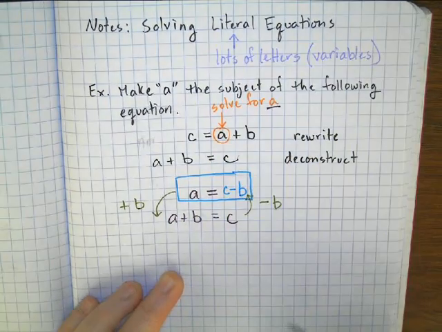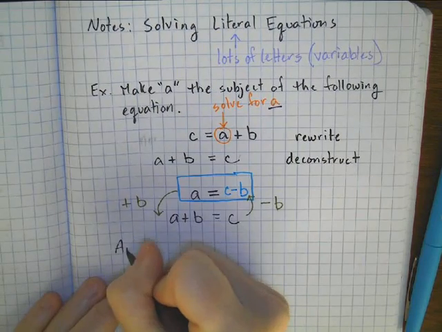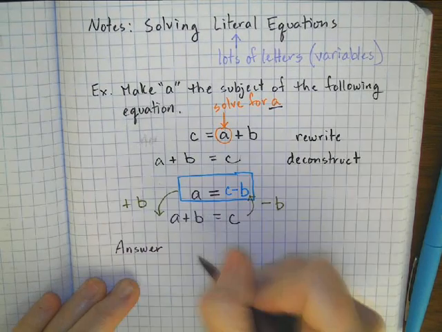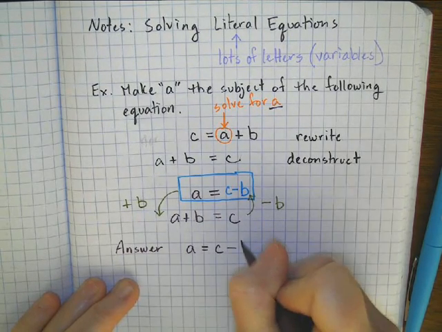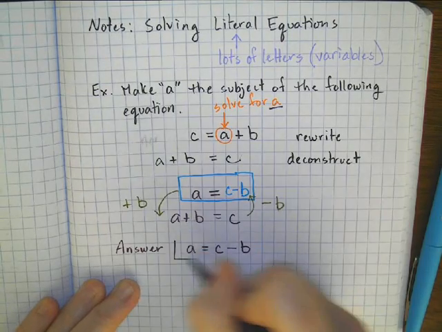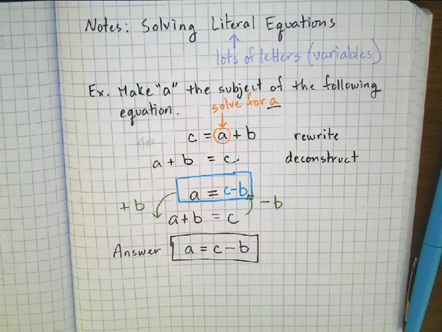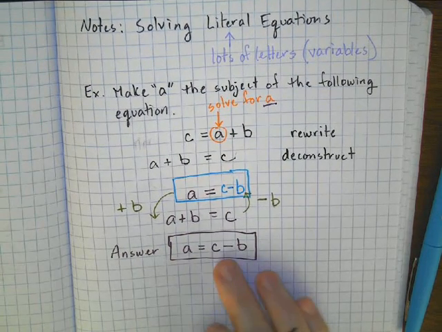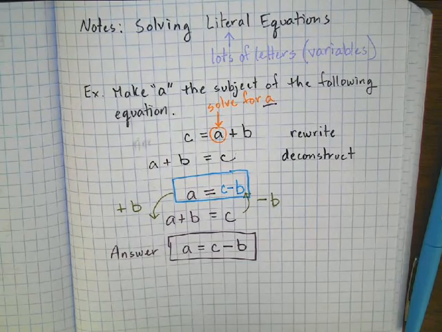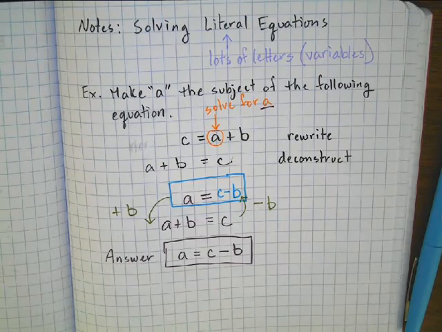My final answer is A equals C minus B. That's what I would write into math space. I don't have to do anything more. These are not like terms, so I can't add or subtract them.